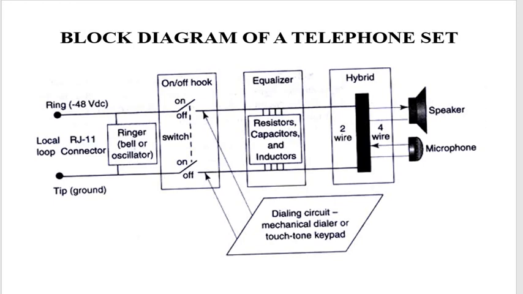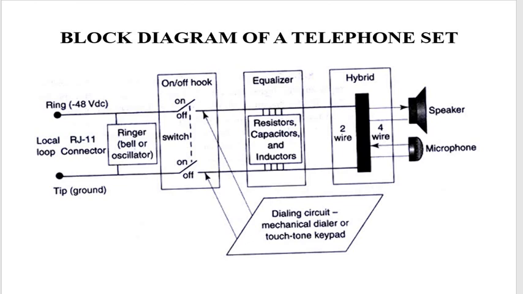Now we'll move on to the basic structure, or the block diagram, of a telephone set. As you can see, there are different blocks included in the telephone set. One is the transmitter block, and you have a receiver block.